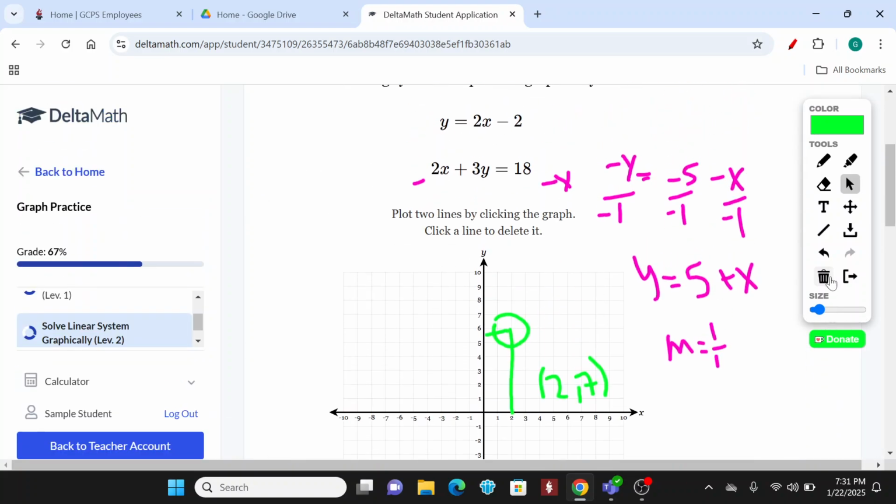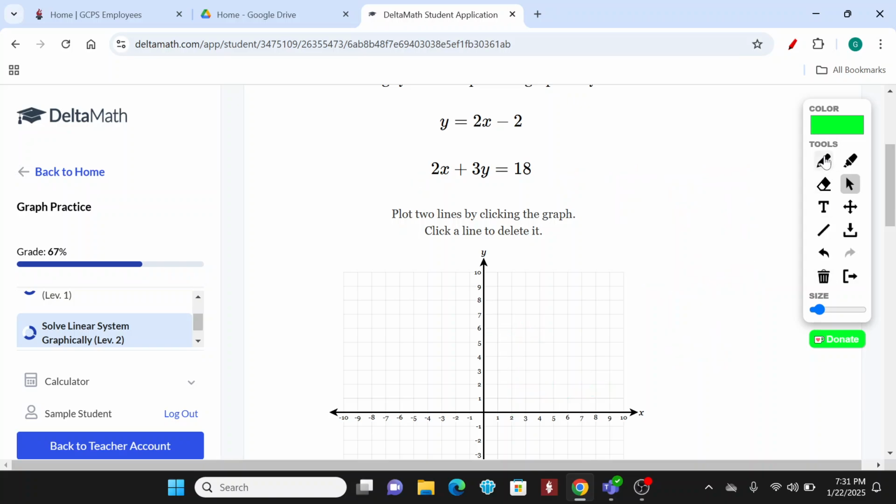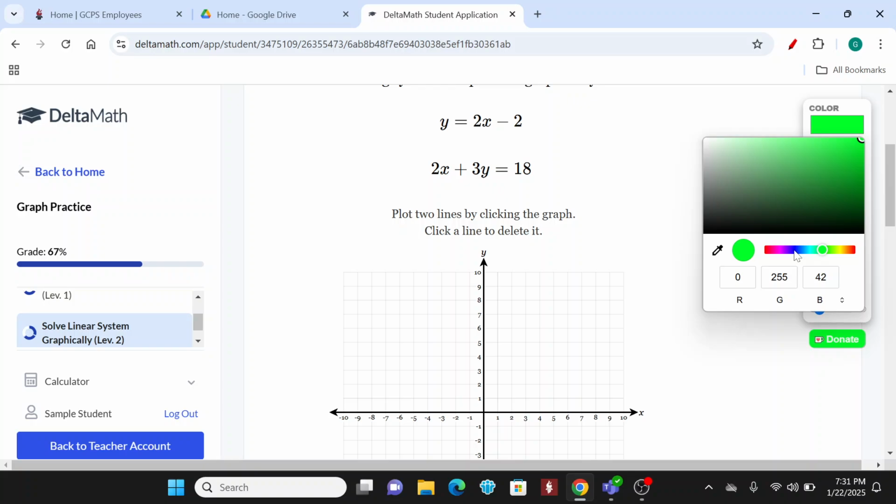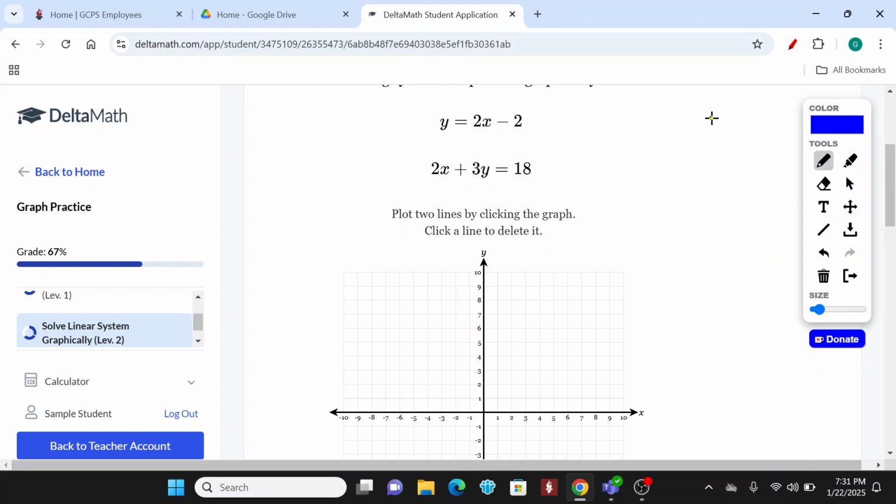All right, now there we go. This is a problem that I wanted to show you guys. So let's write our first equation because it's already in y equals mx plus b. So 2 is our slope. -2 is our y-intercept.